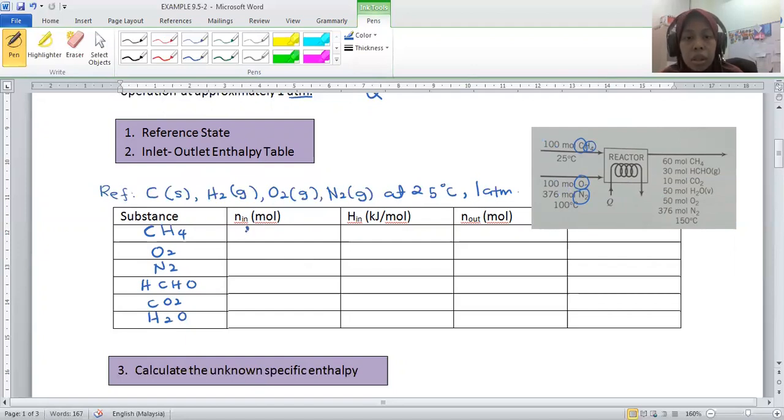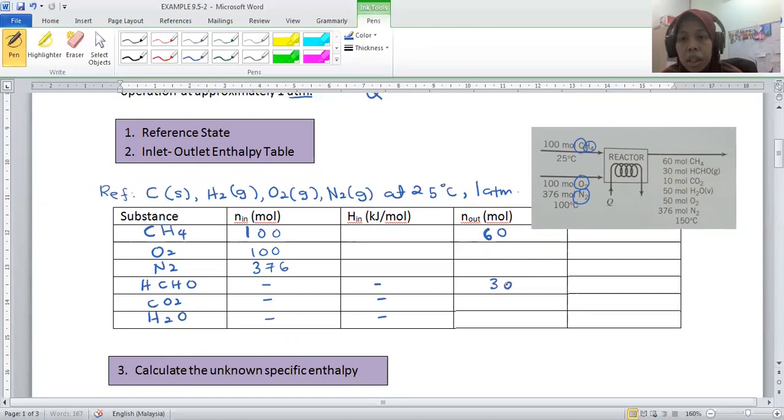For formaldehyde, no inlet. Carbon dioxide also no inlet. Water also no inlet.